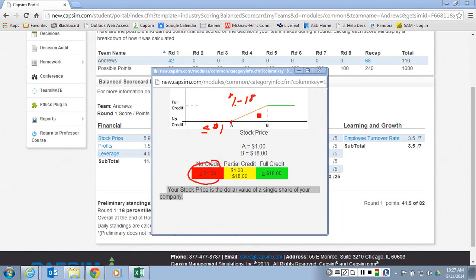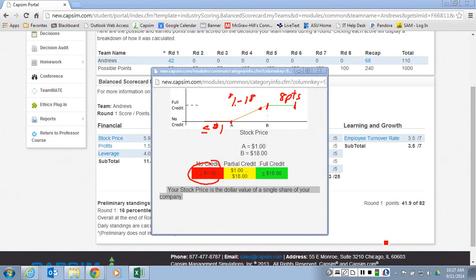If we got 5.9 as a team on this one, and the max is 8, that probably means our stock price is right in here, getting close to 18. Now I can go to my fast track report and see exactly what it is. If you're greater than 18, then you're in the green, and you get full credit, which is 8 points. So that's how you work it.